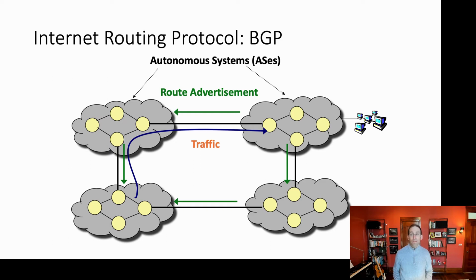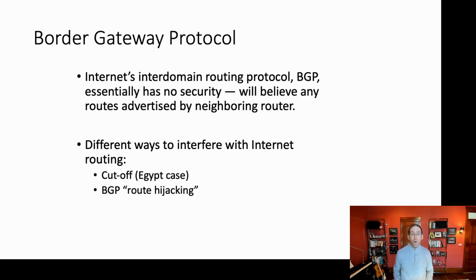The Border Gateway Protocol, the Internet's interdomain routing protocol, essentially has no security, even today. A BGP-speaking router will believe any routes advertised by a neighboring router. And so there are different ways to interfere with Internet routing by interfering with BGP itself.